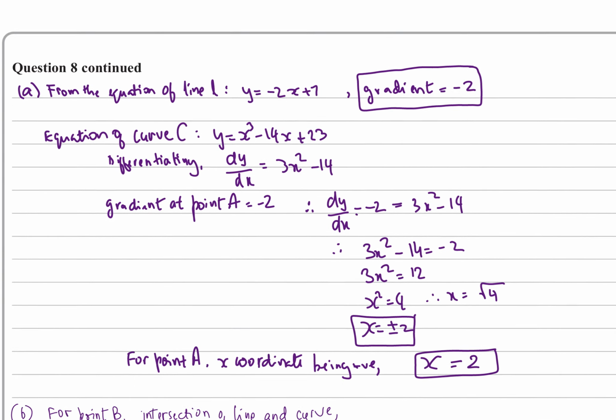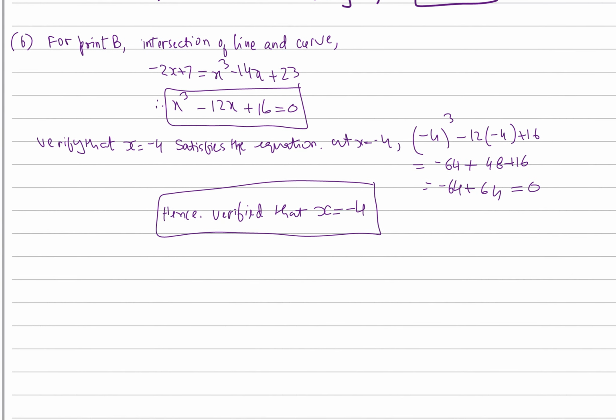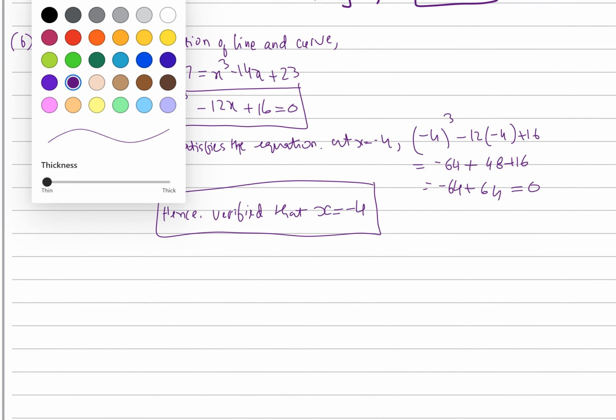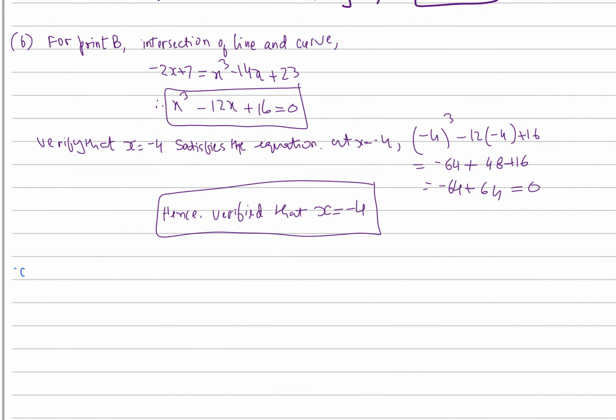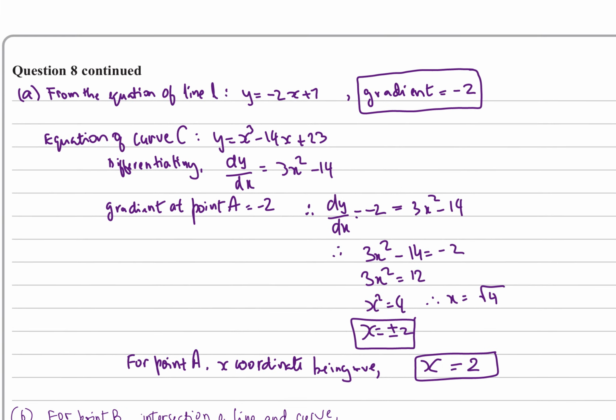So we need to substitute. I'll change the pen color to blue. Then I have part C, substituting x is equal to, so we have two points.